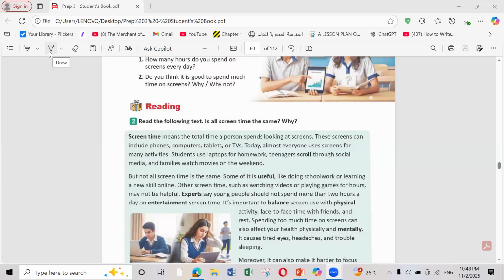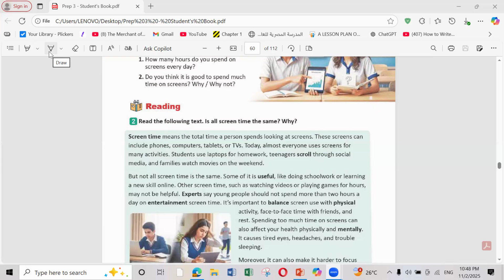But not all screen time is the same. Some of it is useful, like doing schoolwork or learning a new skill online. Other screen time, such as watching videos or playing games for hours, may not be helpful. Experts say young people should not spend more than 2 hours a day on entertainment screen time.